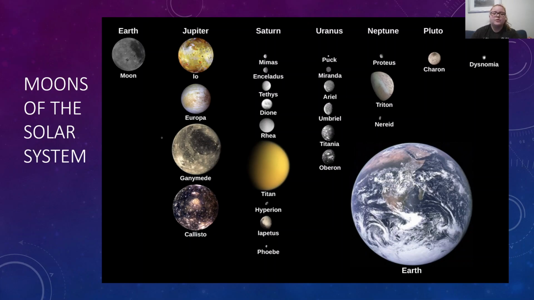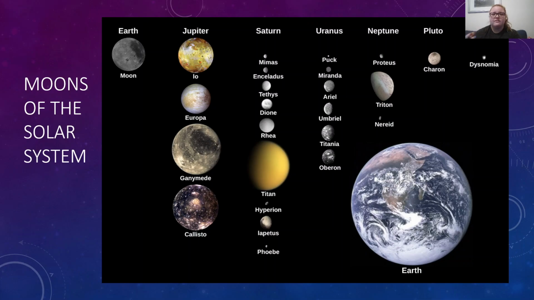Okay, so this depiction shows us the scale of these objects. For reference, this is Earth in the lower right-hand corner, and in the upper left-hand corner, we have the Earth's moon. You can see the similarities in sizes, or maybe even the range of sizes that we see in orbit of these planets.